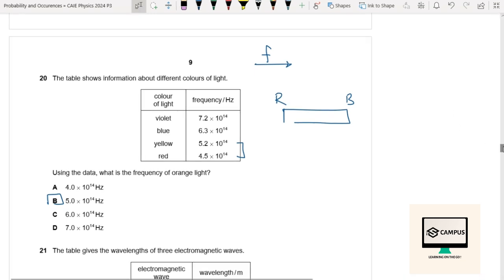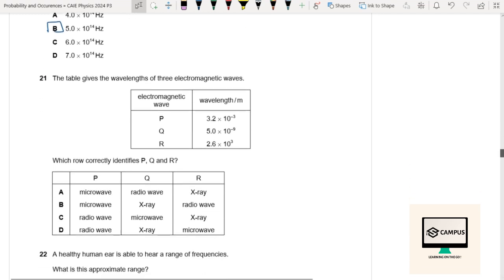Moving on to question number 21. All right, the table gives the wavelength of three electromagnetic waves named P, Q, R with their wavelengths in meters given. Which row correctly identifies P, Q, and R? So we have microwaves, radio waves, and X-rays, and different combinations are given. So we have to determine which one is which. So remember again the electromagnetic spectrum.